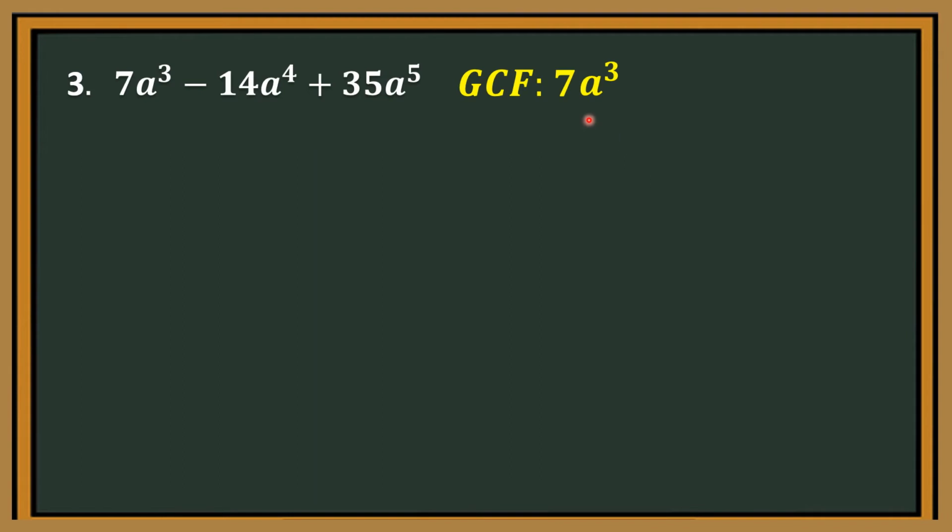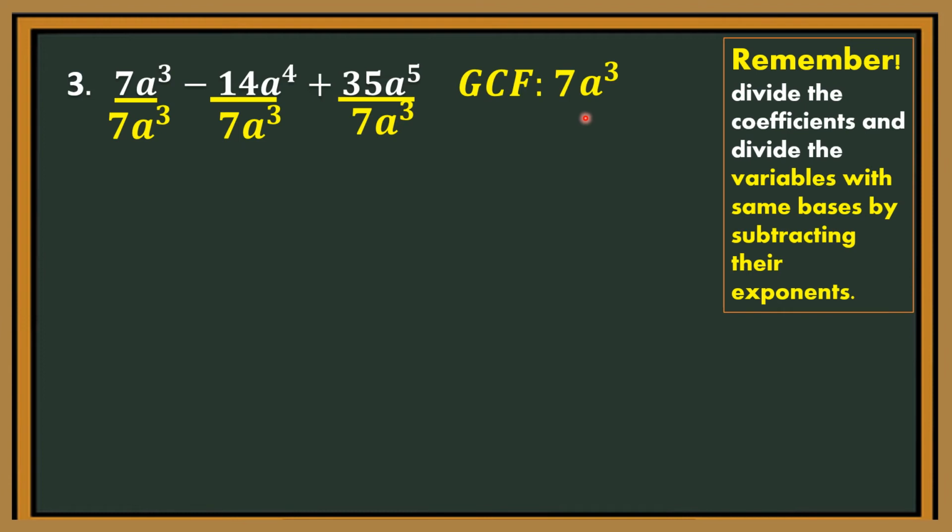To get the second factor, we're going to divide each term by 7a cubed. Always remember, divide the coefficients and divide the variables with the same bases by subtracting their exponents. So let us divide first the coefficients. 7 divided by 7, that is 1.